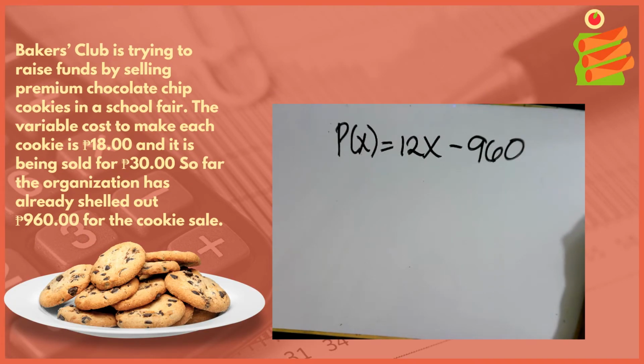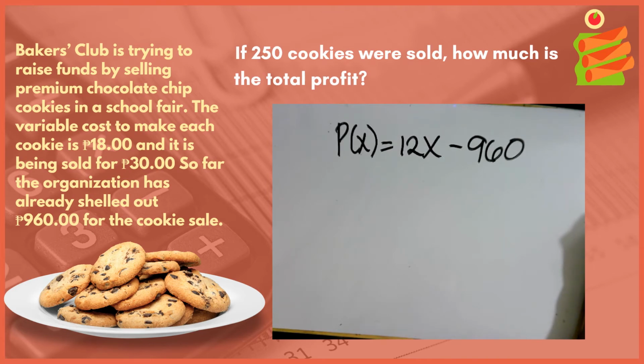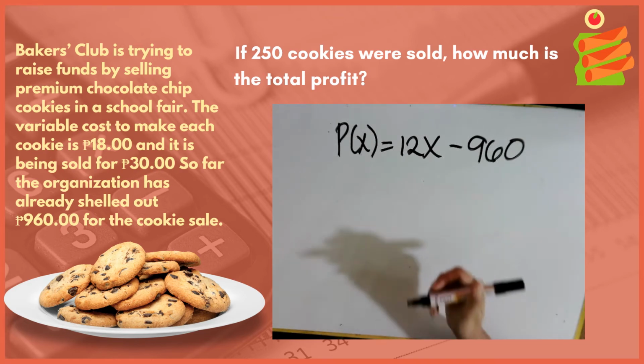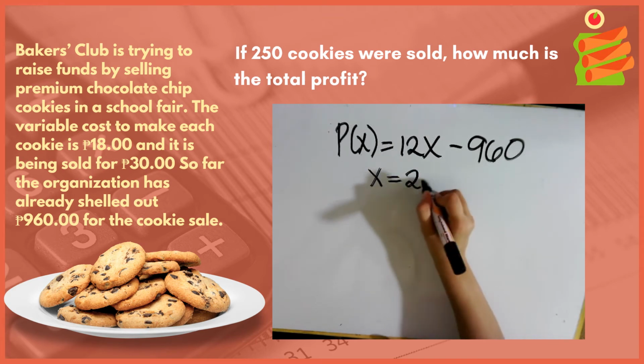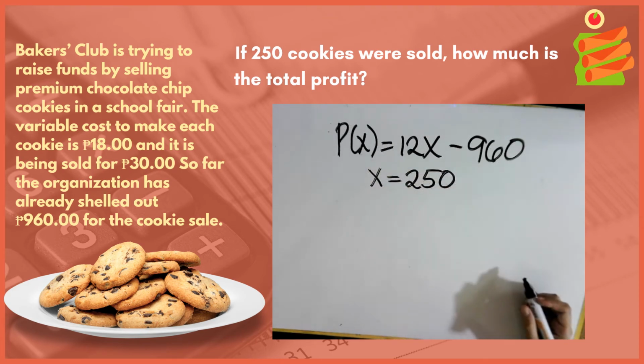Next. The next question is, if 250 cookies were sold, how much is the total profit? Magkano kikitain kung 250 cookies ang maibibenta? So, it means our X is 250. That is the number of cookies sold.